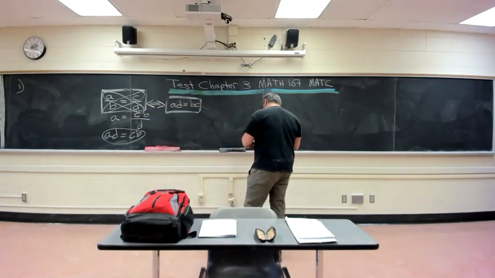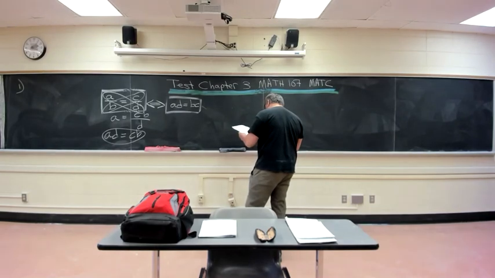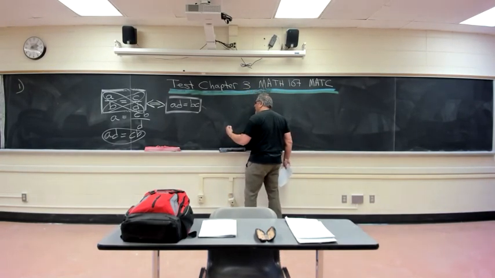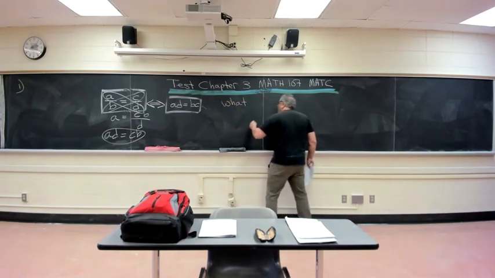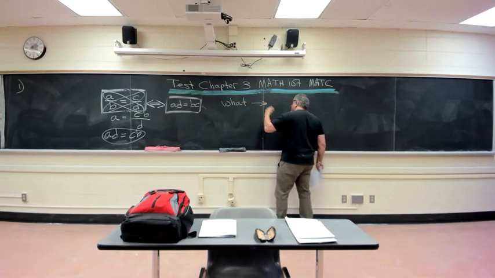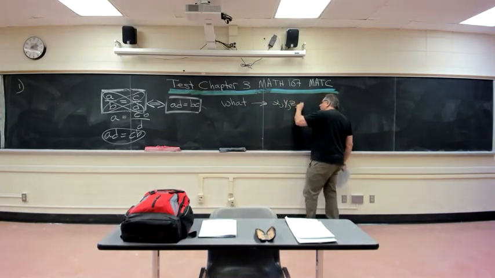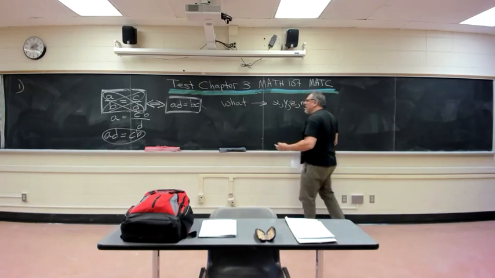There is also some stuff that gets said. Frequently in mathematics, it's good to be able to translate stuff. When they say what, it means some variable, x or y or z or n, etc. What means some variable, some unknown.